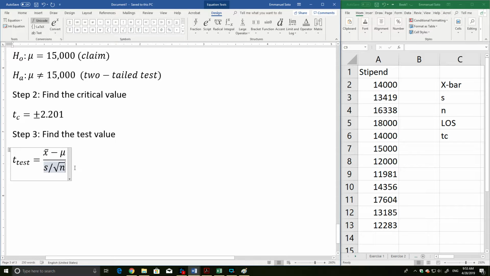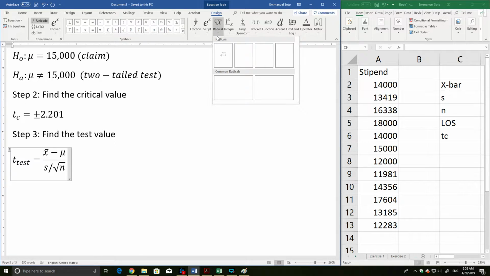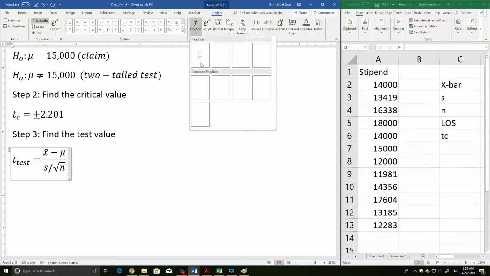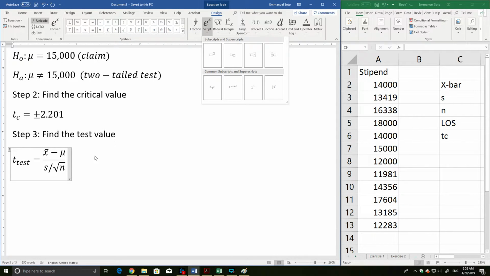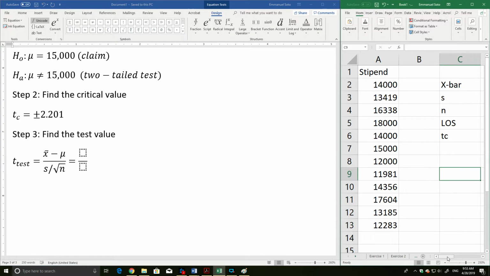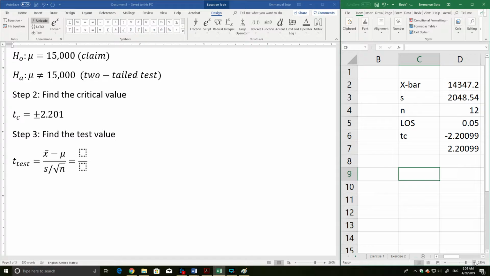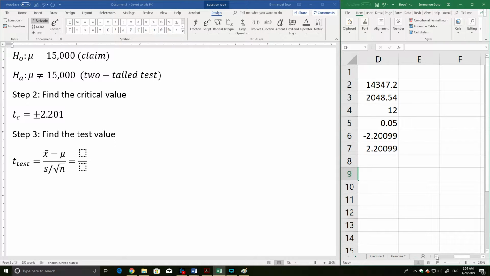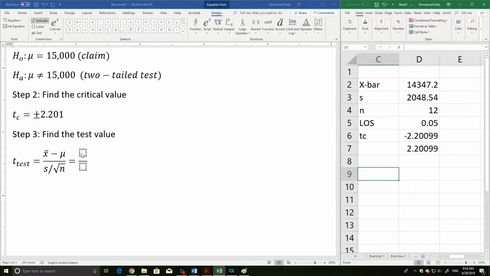So this is the formula for the t-test. You can also do square roots in here if you don't know how to do that, okay? And then it'll do it for you. You can also do fractions here and subscripts. So this is the formula that we want to use. So we're going to calculate this on Excel. But before we do that, we're going to plug in the numbers. So we know that x bar is that number, 14,347.